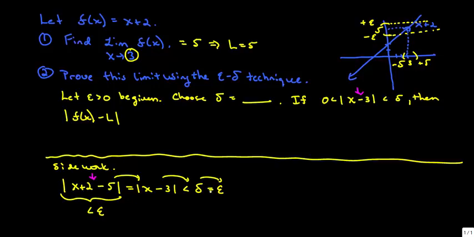So what this implies is that the absolute value of f of x minus L is less than epsilon. So you do this to figure out what your delta value is supposed to be.